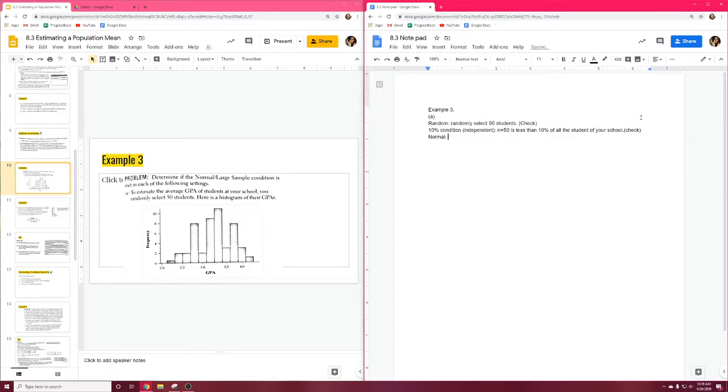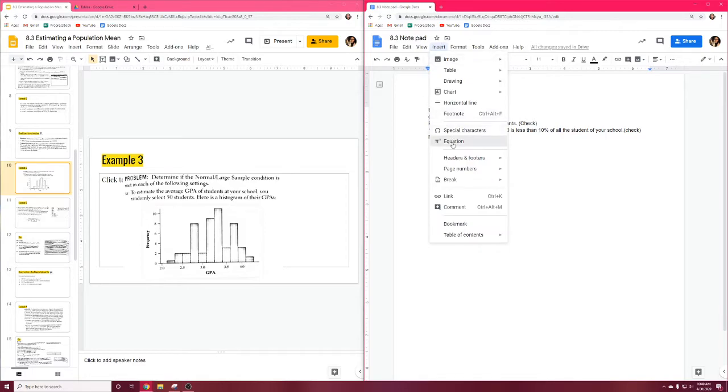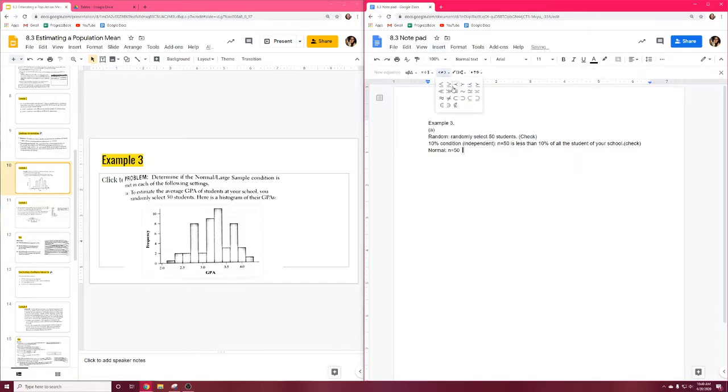Next, we want to check for normal. There are two ways to check it. Number one, you see the population is approximately normal. Actually, in this graph, it is kind of approximately normal. You can use that, or you can use the large sample. You can see n is 50, which is greater than or equal to 30.